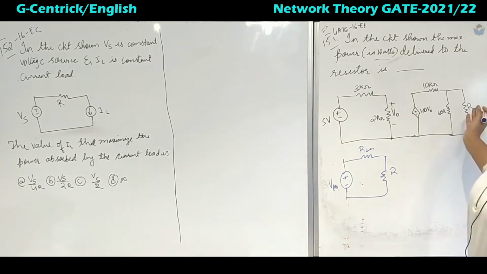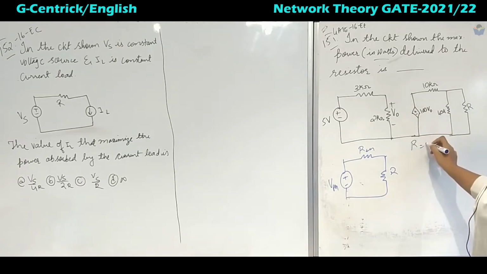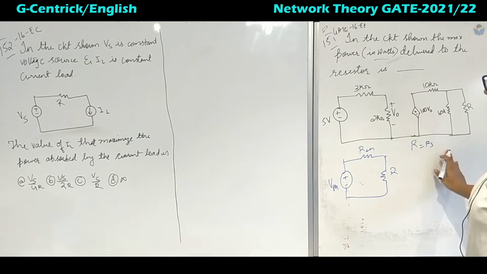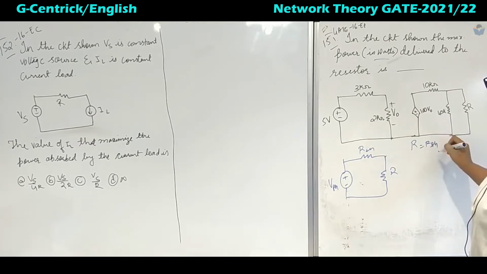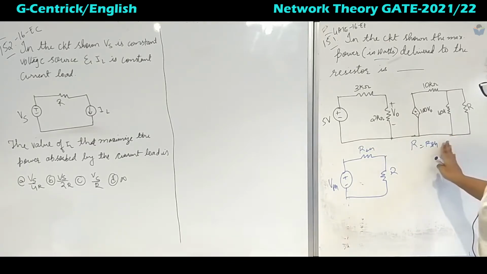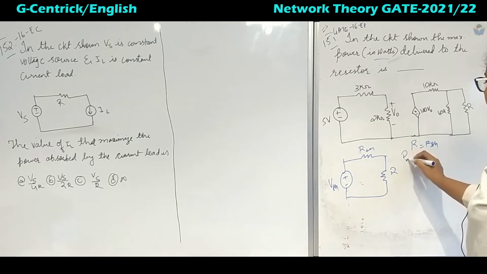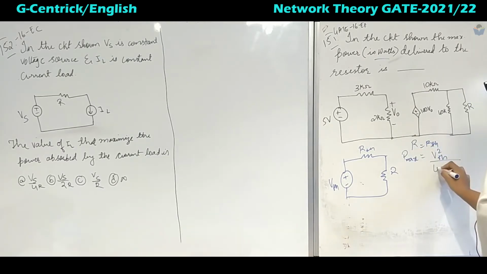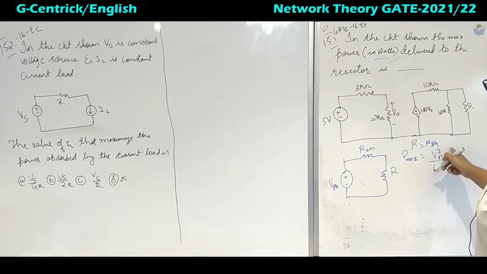The condition for this, we know, is R equal to RS. But here there is no RS, so it should be equal to RTH, right? For this condition, P max is already known: V square TH divided by 4 times R Thevenin. So from this we have to calculate VTH and RTH.